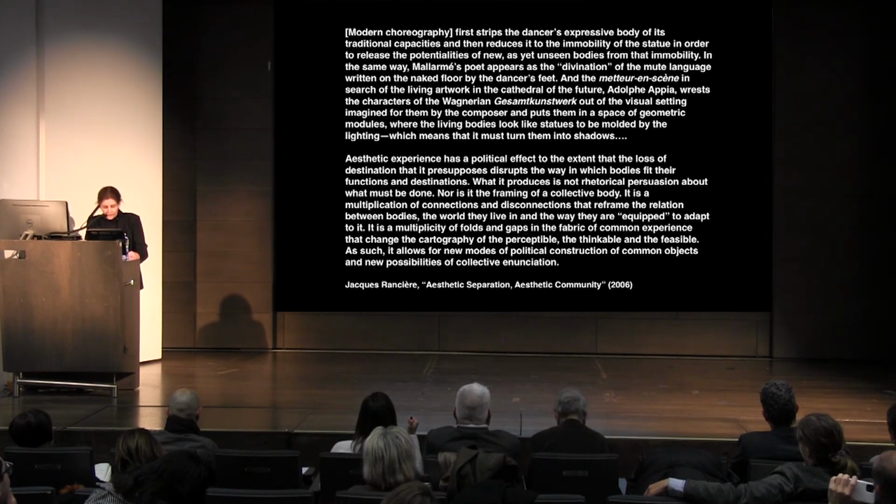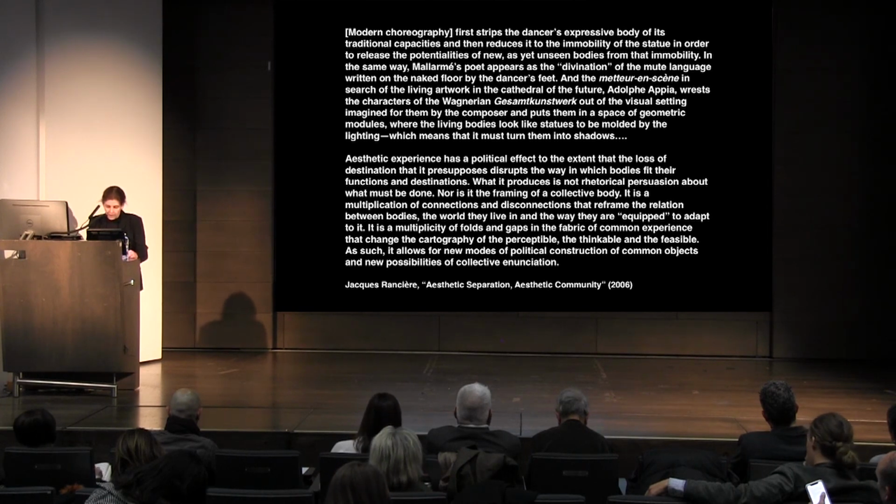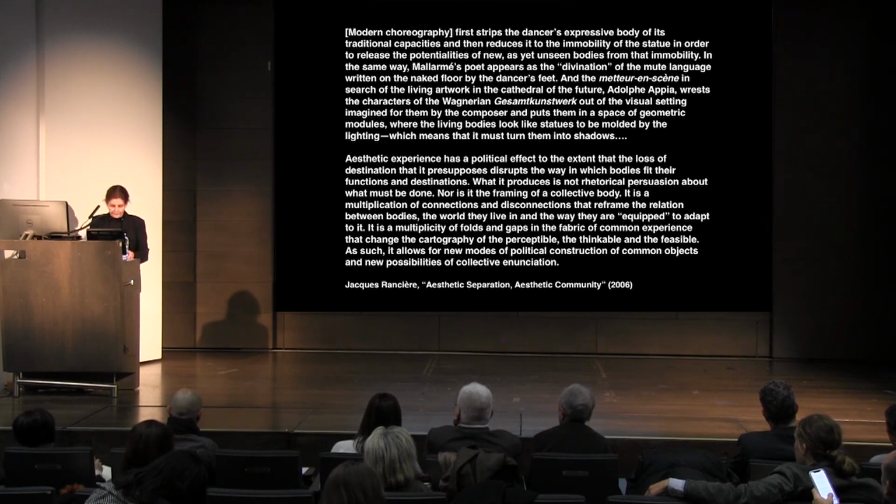It's a multiplicity of folds and gaps in the fabric of common experience that change the cartography of the perceptible, the thinkable, and the feasible. As such, it allows for new modes of political construction of common objects and new possibilities of collective enunciation.